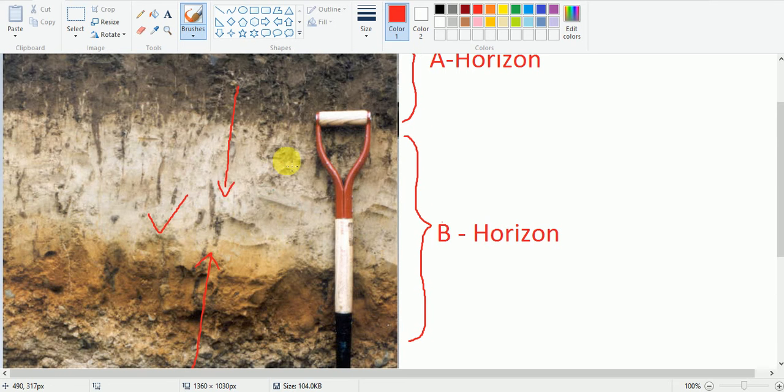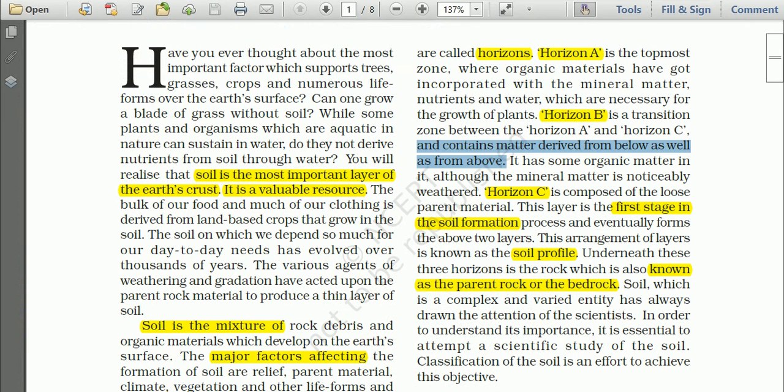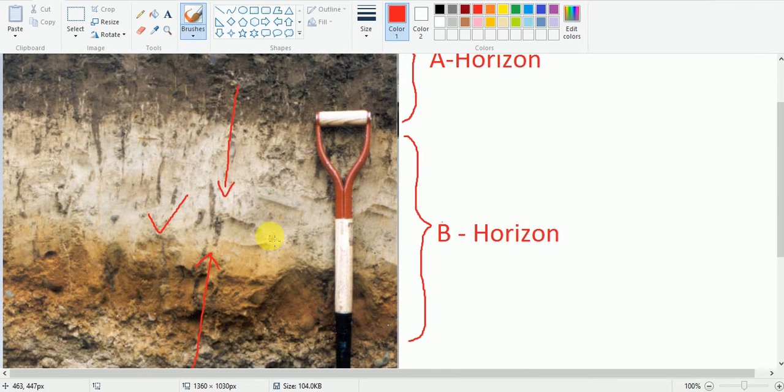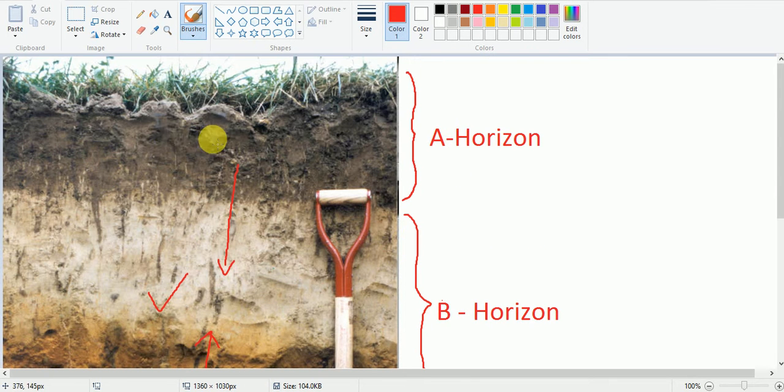This is a mixed zone, so it has some organic matter, although the mineral matter is noticeably weathered.